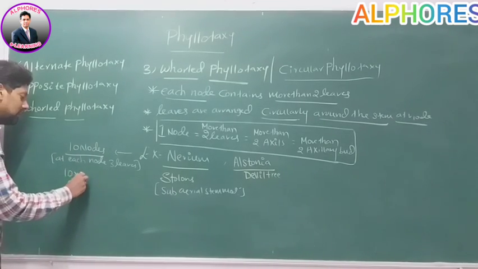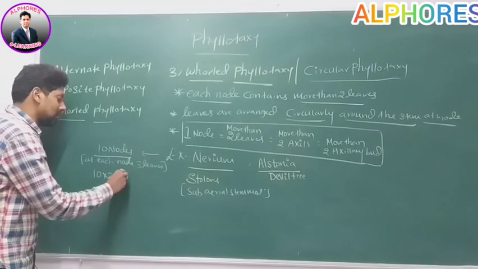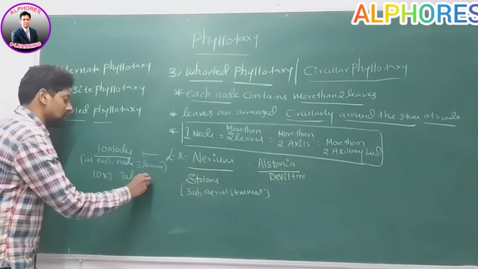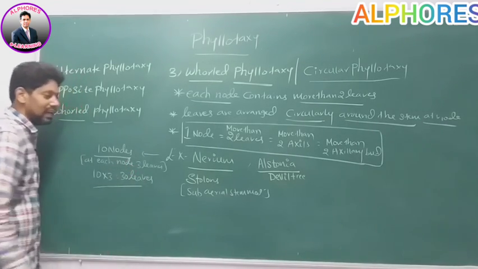Each node has how many leaves? 3 leaves. Therefore, the total is 30 leaves. If the question is like this, you can calculate directly.